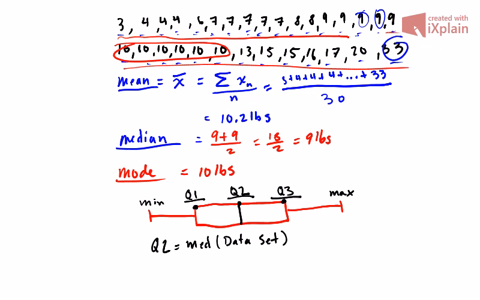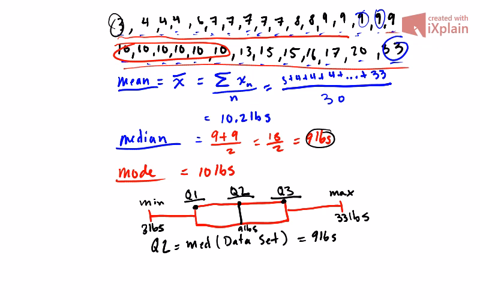Okay, so in this instance, we know that the median, we said, is 9 pounds. So this is 9 pounds. That is Q2. The max would be 33. Now, assuming there are no outliers, the max would be right here, 33 pounds. Okay, the minimum would be 3 pounds.